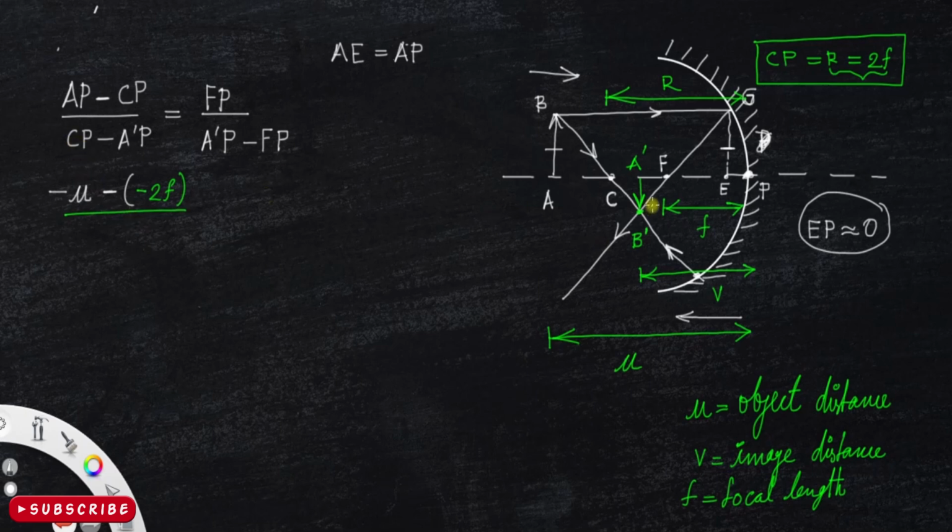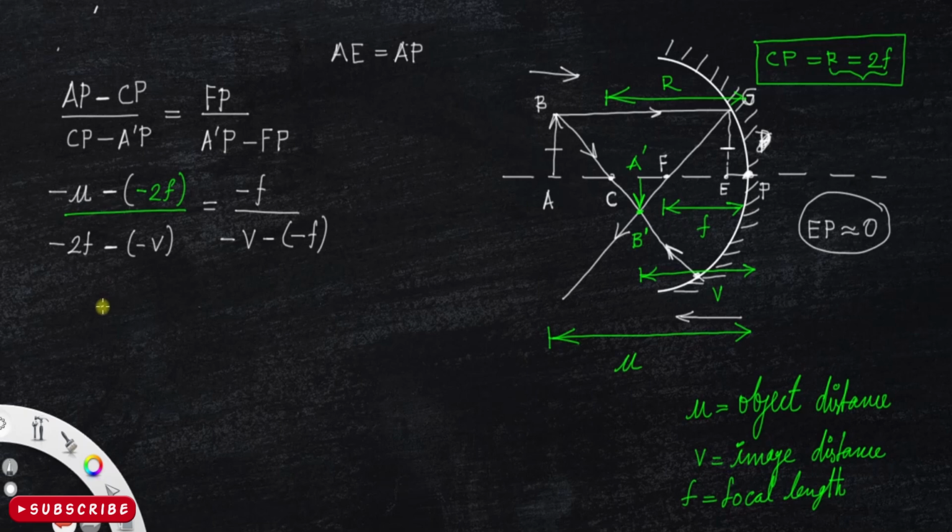Now CP is equal to minus 2F, minus A dash P is equal to V. But here also you have to write the minus V. Now FP is the focal length, that is minus F, that is also on the left hand side. A dash P, that is minus V, minus FP is again minus F.